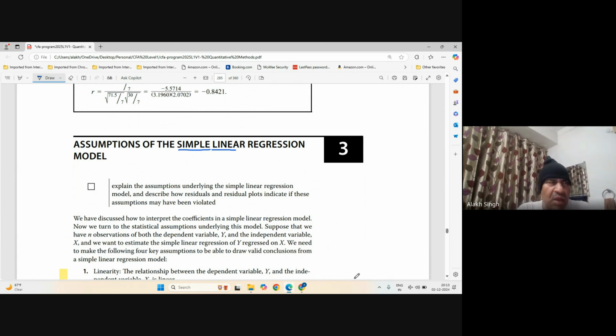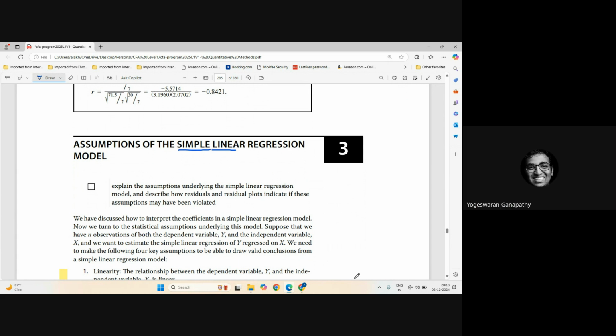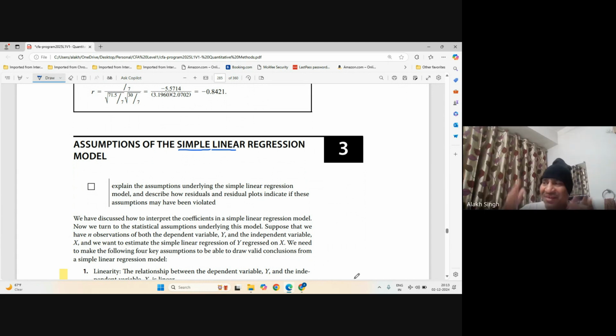What does it mean, not independently distributed? The mean of the error term will be zero either way. So how do you say, if you look at the scatter plot, that this is not independently distributed?